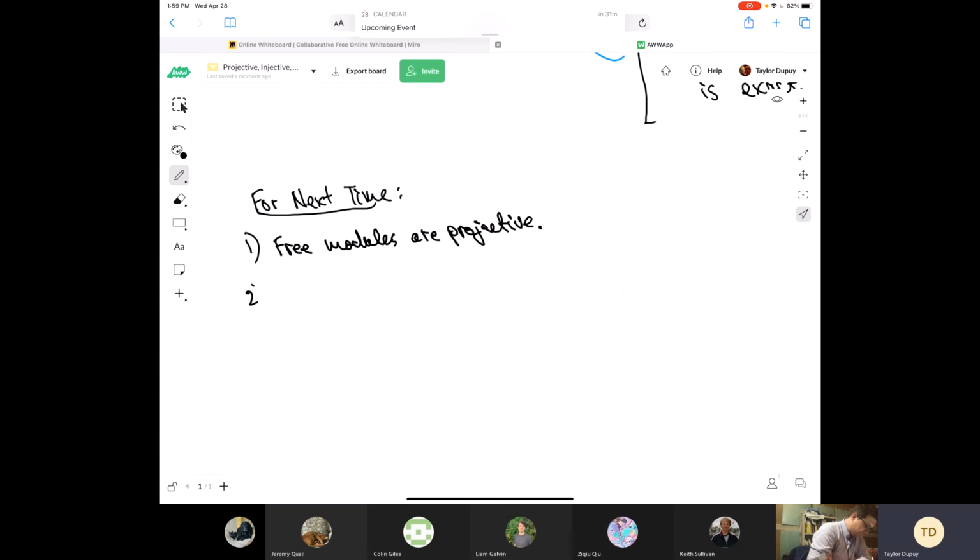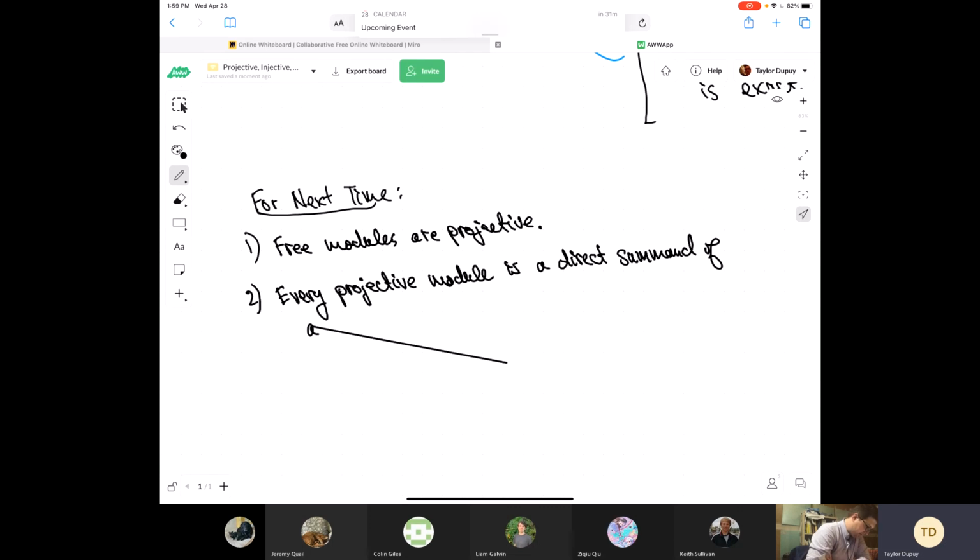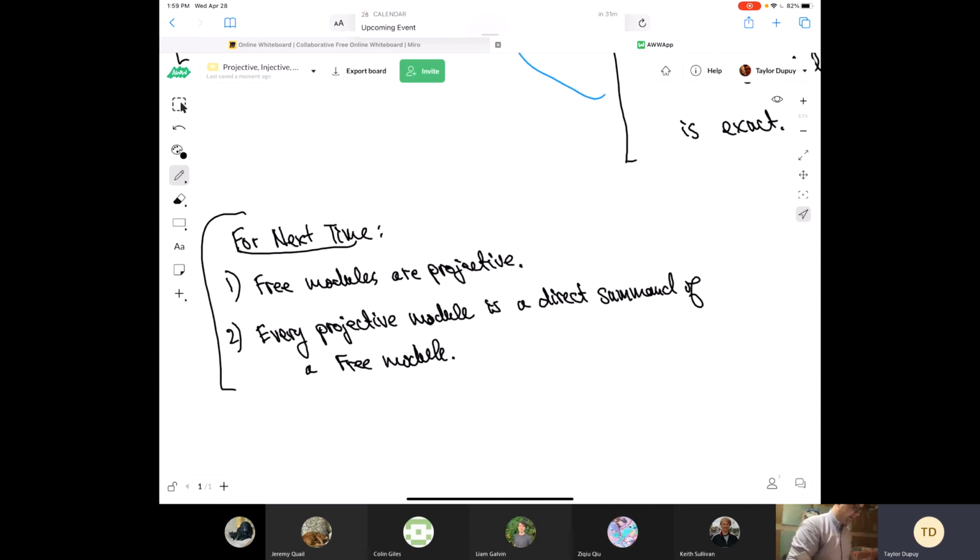Two is that every projective module is a direct summand of a free module. So there's this connection to free modules here.